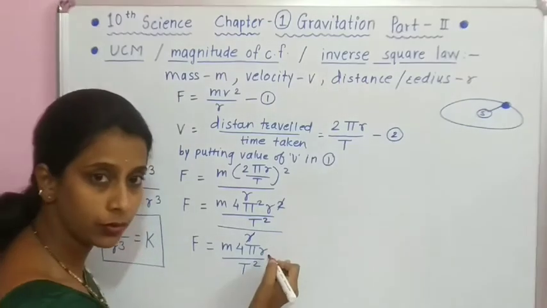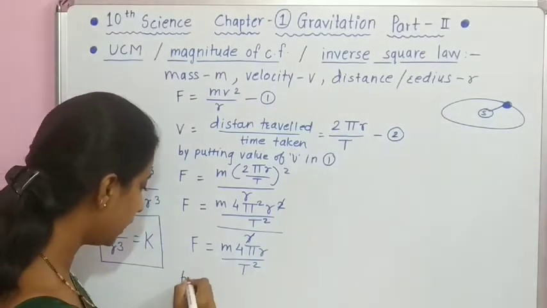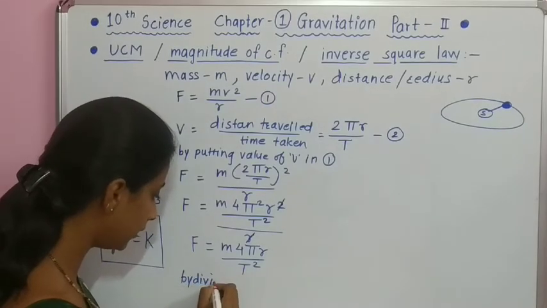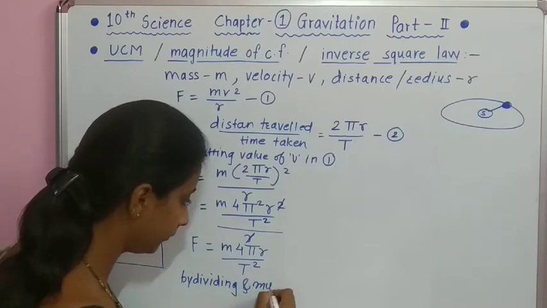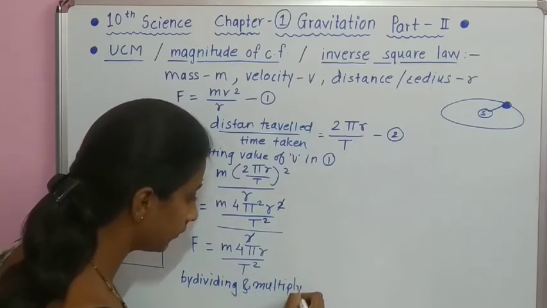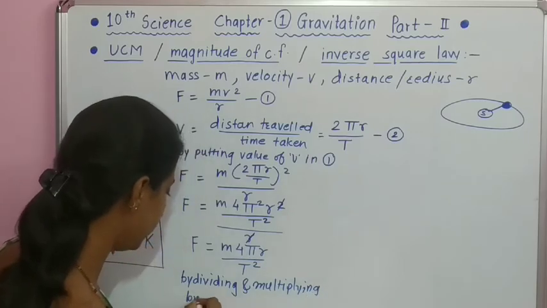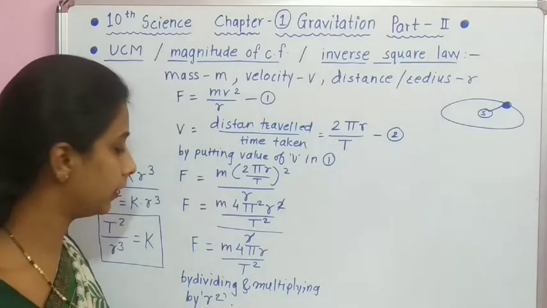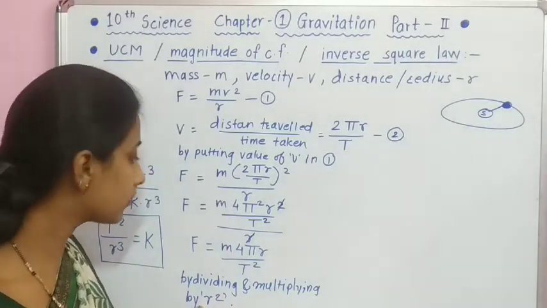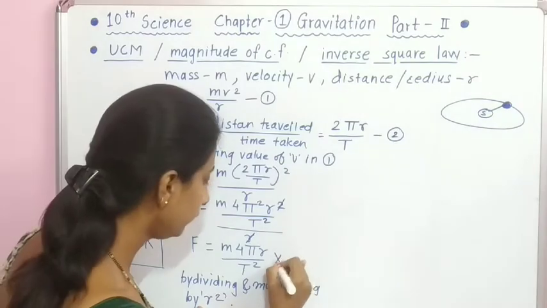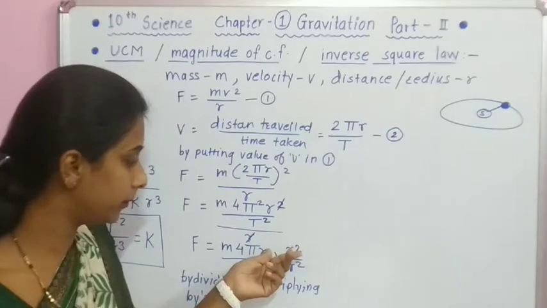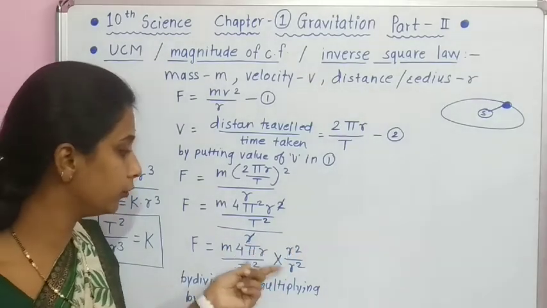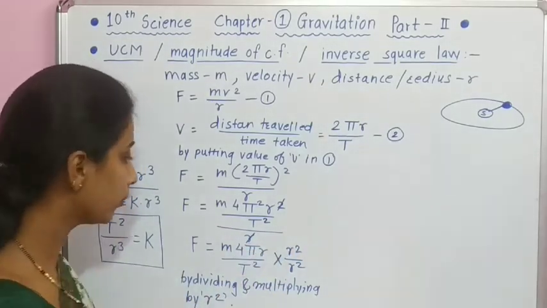To get r cube here, we are doing this step by dividing and multiplying by what? r square. Remember this very carefully. So our next step will be multiplying by r square in numerator and denominator.